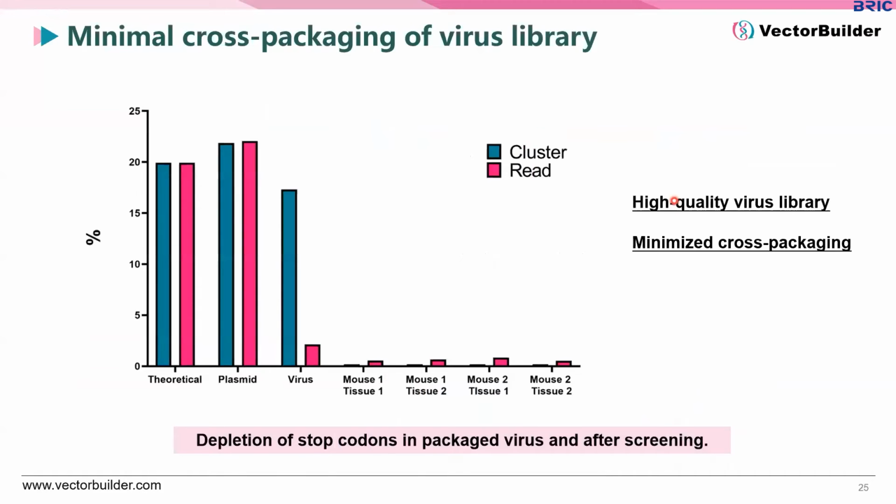The next thing to ensure the quality of our virus library is to incorporate a certain amount of stop codon in the plasmid library to prevent cross packaging.